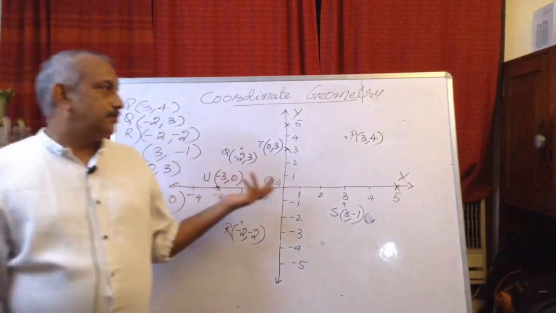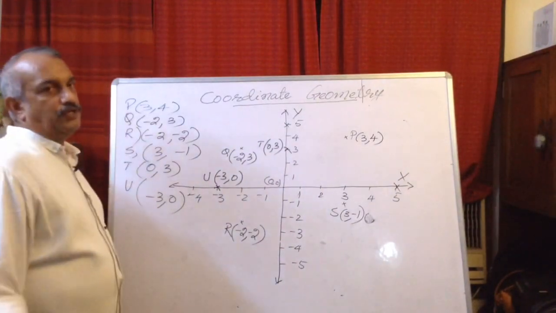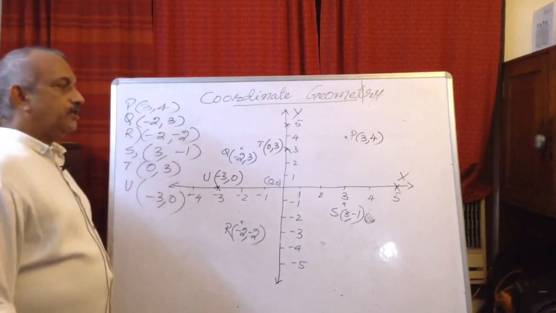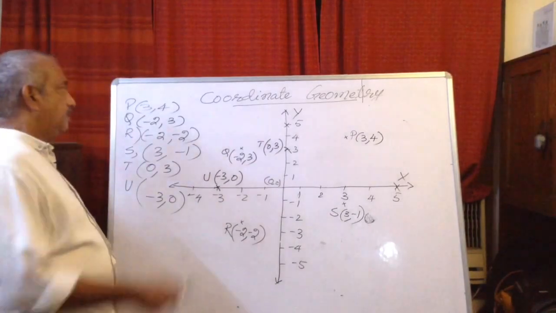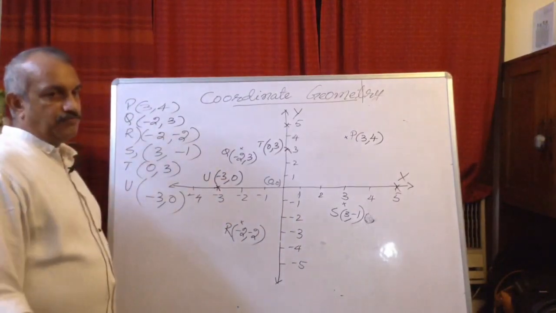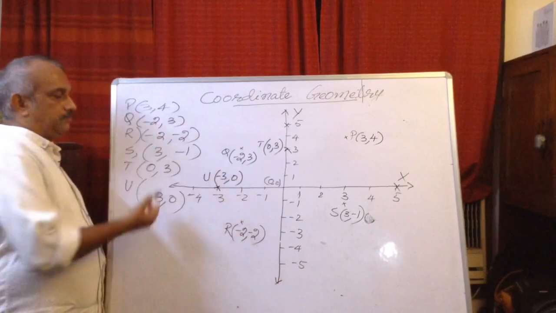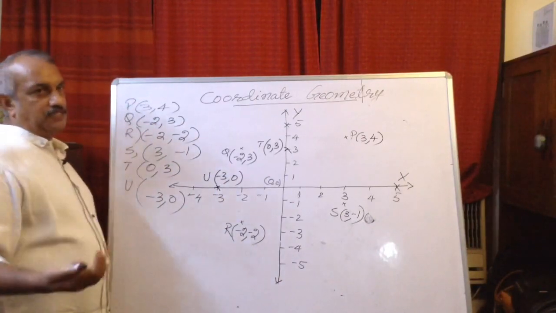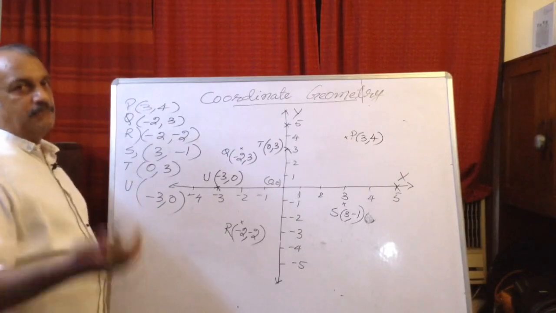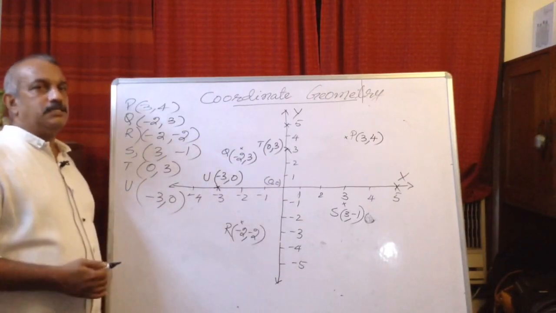Now the second possible question is, in which quadrants do the following points lie? If you want, you can draw a rough figure and then write the answer, or you can think: plus plus is first quadrant, minus plus is second, minus minus is third, and plus minus is fourth.